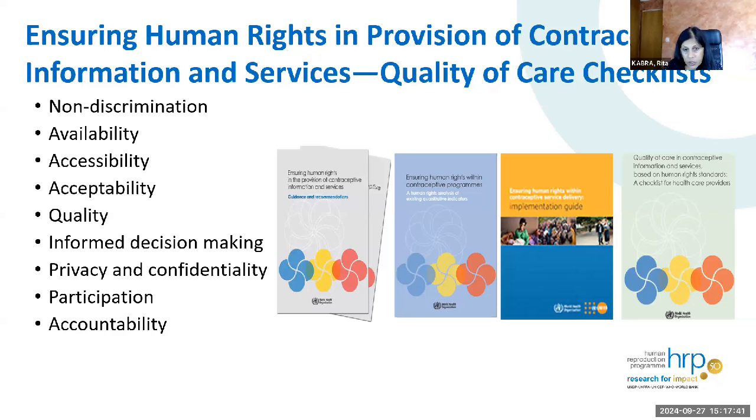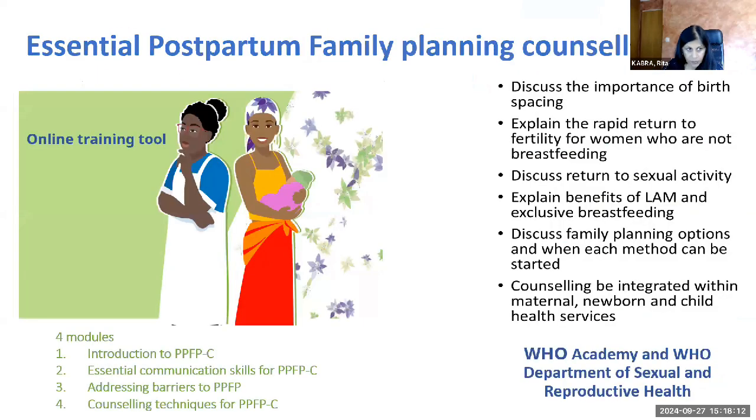So we use this quality of care guidance to make sure that our services are up to date and to the mark, and that they address non-discrimination, making sure services are available, accessible, and adaptable to the people, helping women and couples to make informed decisions, and ensuring privacy, confidentiality and accountability. So for this program, we could use these guidelines.